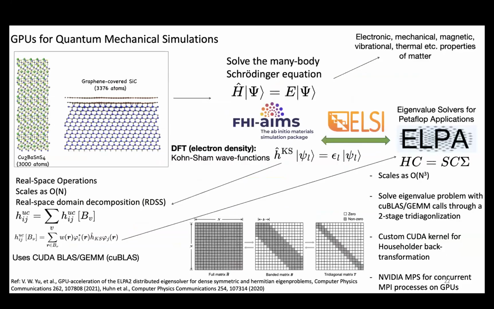All right, so there are other things you can do with GPUs, not just AI. This is another favorite of mine because it's my PhD and postdoc work. You can do quantum material simulations with GPUs because a lot of these involve linear algebra. This is called the Schrodinger's equation, and solving that helps you understand matter. This is an eigenvalue problem, and an eigenvalue problem is essentially linear algebra, right?